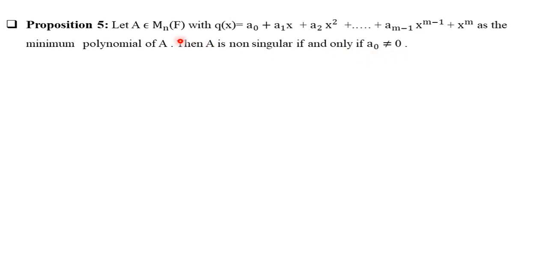Here see, hypothesis is given as q of x is a minimum polynomial of A. We have to show that if A is non-singular, then a0 is non-zero. If a0 is non-zero, then we have to show that the matrix A is non-singular matrix.